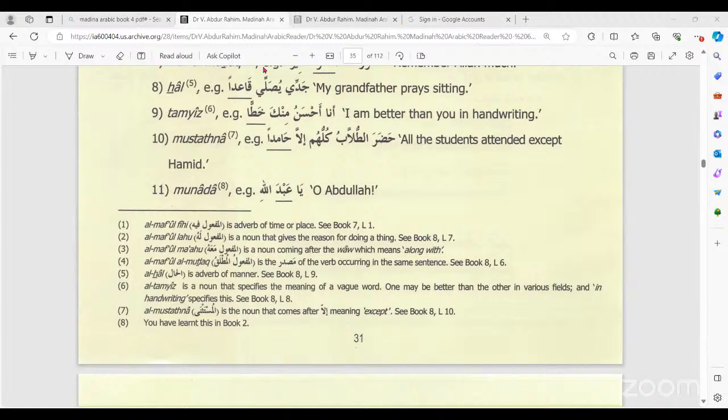Would another example be Ma ra'aytu illa jamila? Ahsantu, ma ra'aytu illa jamila. That's another example. If you say Ma ra'aytu illa jamila, it is only referring to her.